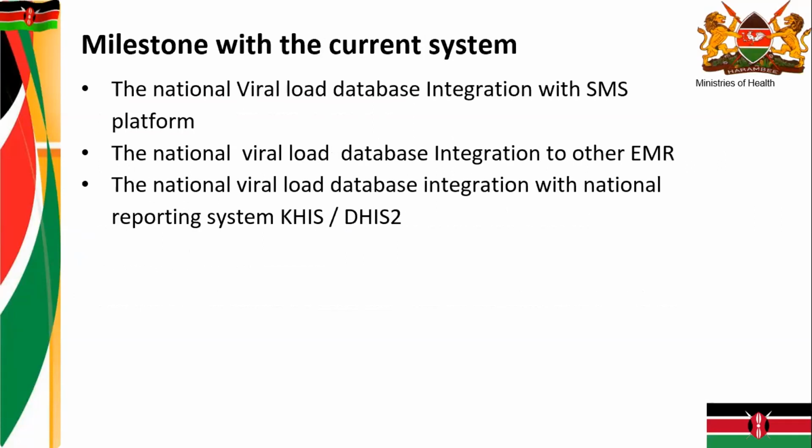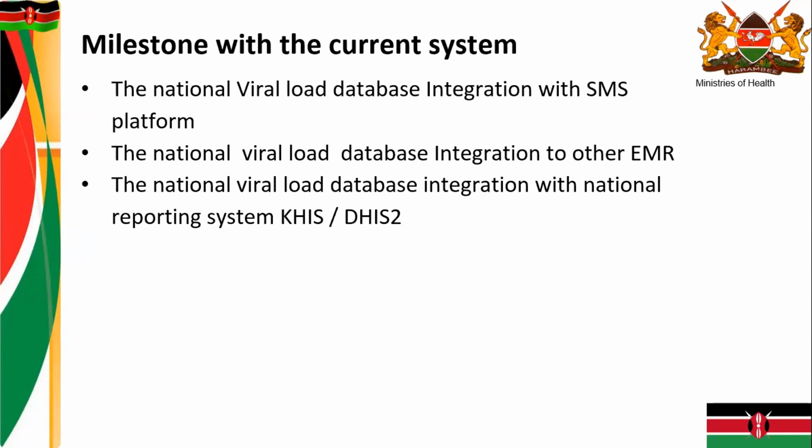So the milestones with the current system are, one, we have been able to integrate our viral load database with the SMS platform, and as a result, we are able to share the results of the clients with the clinicians and the caregivers on time.